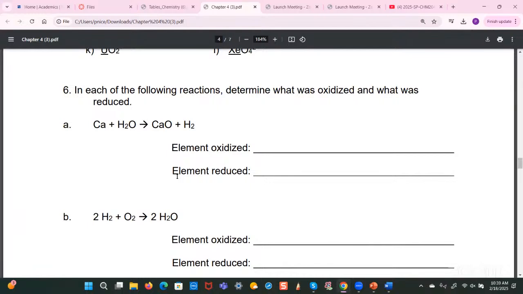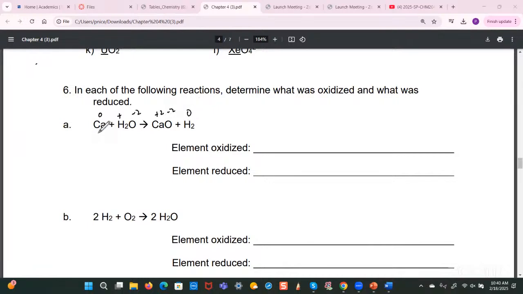So if we apply that to the first problem, in the case of calcium, because it's by itself, the oxidation number of calcium here is 0. In the case of hydrogen, it's +1. In the case of oxygen, it's -2, right? Now over here, the oxidation number of calcium is +2. The oxidation number of oxygen here is -2. And the oxidation number of hydrogen here is 0, right?